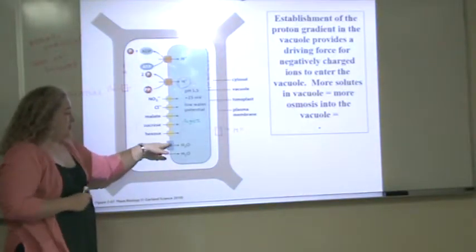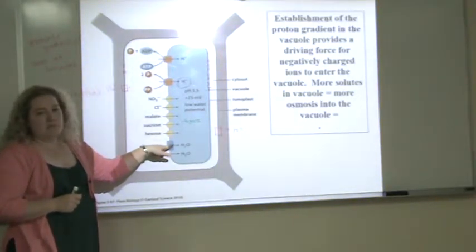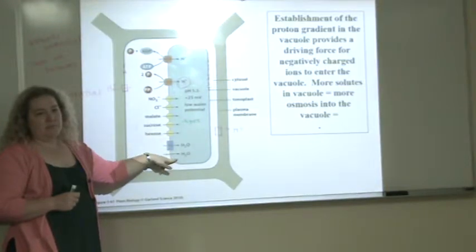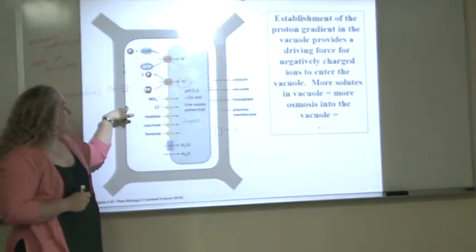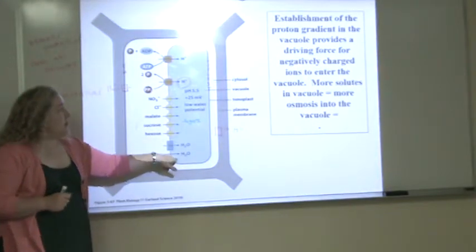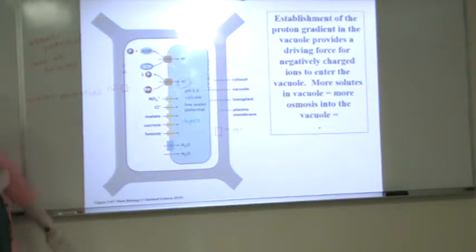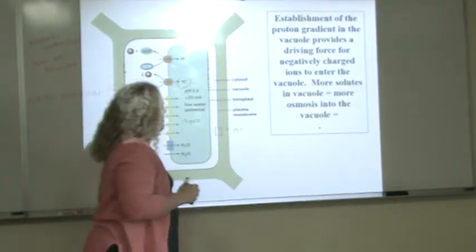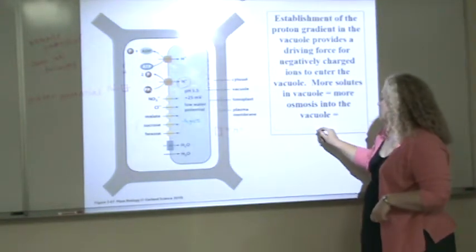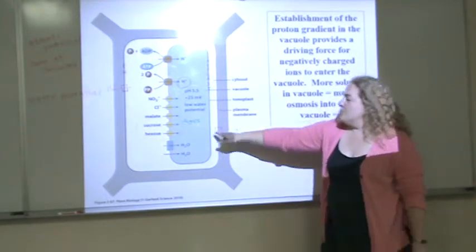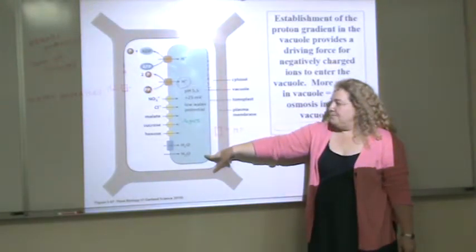The vacuole is a place where there can be aquaporins in the tonoplast membrane. So you can have proton pumps in the plasma membrane, you can have proton pumps in the tonoplast as well. There was a blank here to fill in. So the vacuole is accumulating solutes.